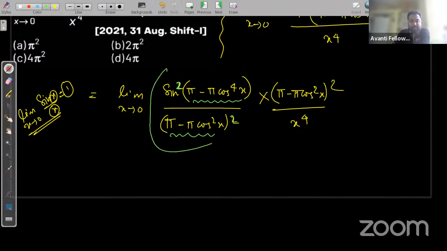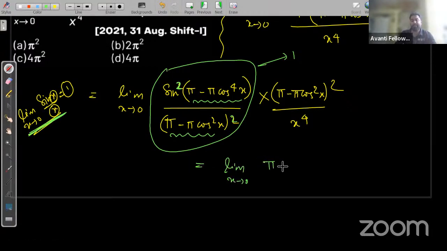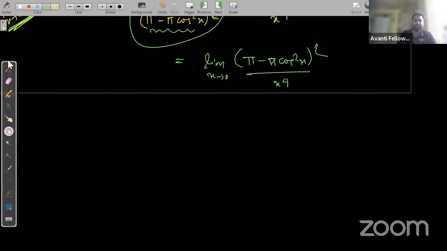So this limit becomes 1 by using the standard results: limit x tending to 0 sine x upon x gives you 1. So finally we have limit x tending to 0 pi minus pi cos square x whole square by x to the power 4. Right? So now what will we do? How to find the limit now?